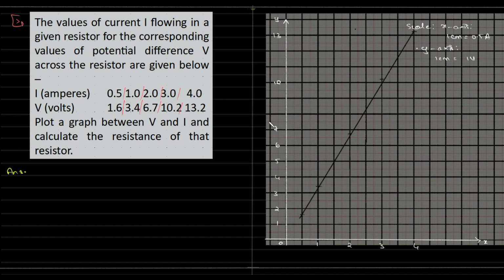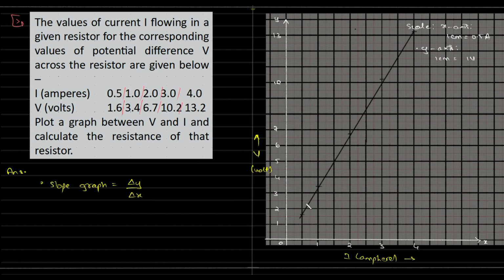So to find the resistance in a VI graph, this is your current and this is your voltage in volt. To figure out the resistance, we need to find the slope of the graph. Slope of the graph is delta Y by delta X. So we need to pick two points which will help us calculate this.